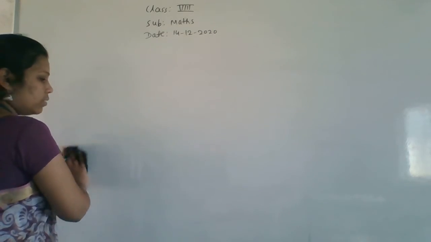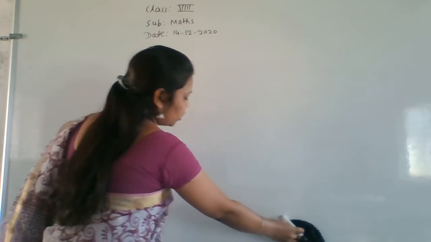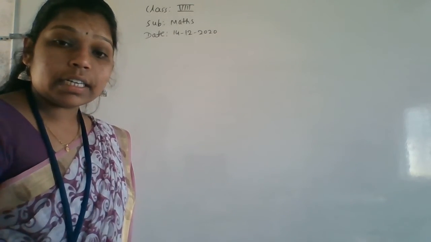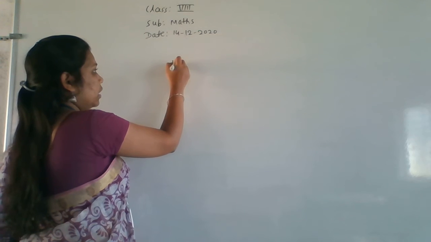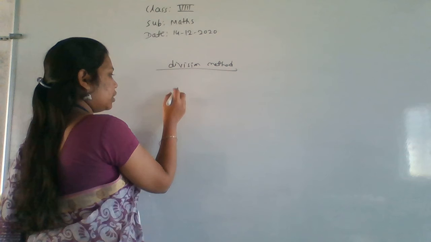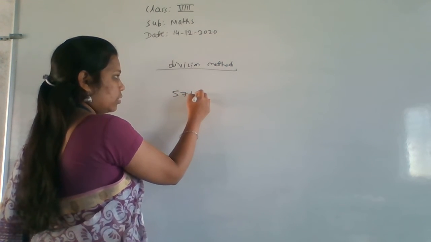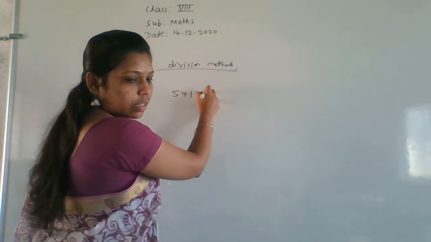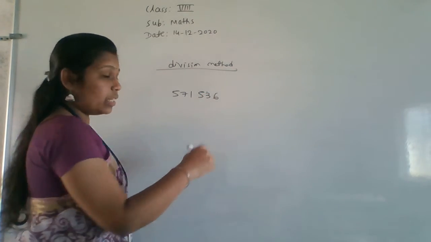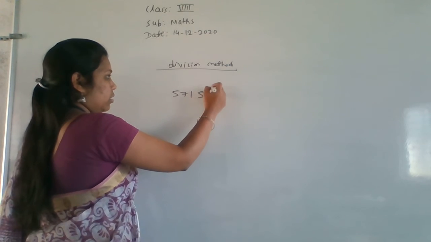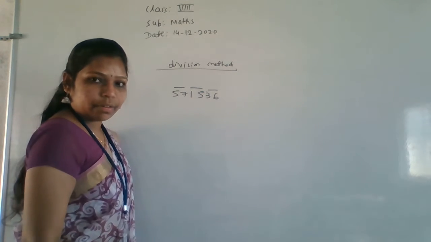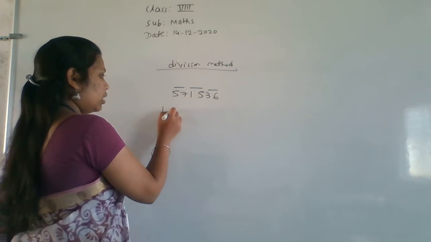Till now you studied repeated subtraction as well as the prime factorization method for finding the square root of a number. Now we are discussing the division method. If the number is like this, 571536, you have to make pairs of this number, starting with the unit place. These two, these two, these two. If one number is left, it's okay, nothing to worry. Now do the division.